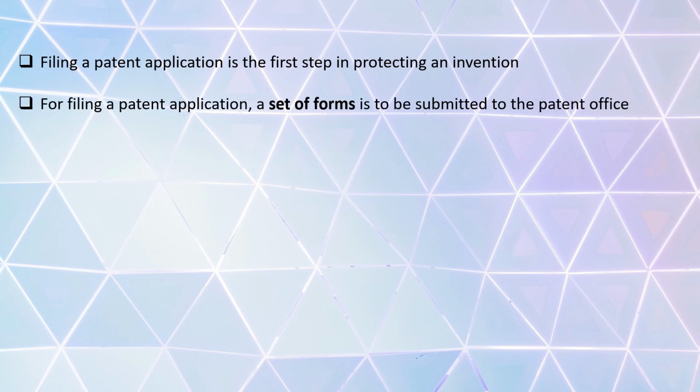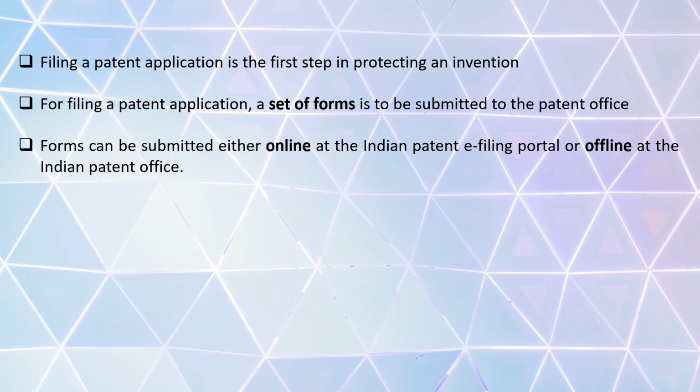Now, once you file a patent application in India, there are a set of forms that also need to be submitted along with your patent application. And these forms are defined by the Indian Patent Office, and it is mandatory for you to submit these, without which your application will not be considered. And basically that is what we are going to cover in today's video.